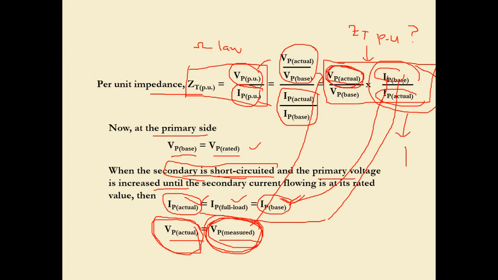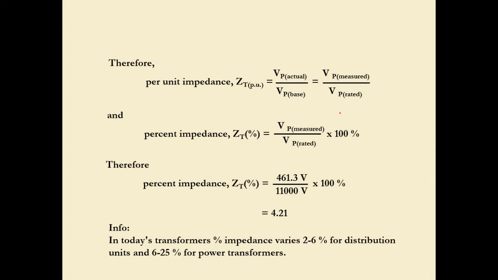So we have cancelled out the I quantities, IP base over IP actual, because they are equal to 1. So now we have a simplified equation where we have VP measured over VP base.